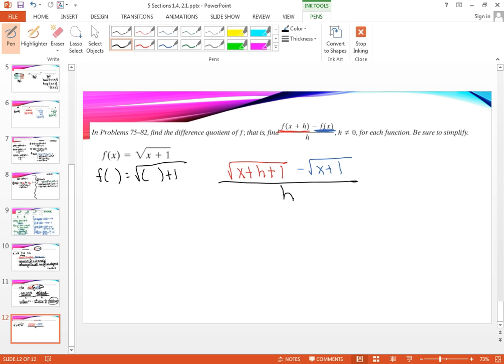So from what we've done, we've formed the difference quotient, but the problem is that h on the bottom cannot stay there. So where usually we rationalize denominators to get the radicals out of the denominator, we are going to rationalize the numerator so that the baby h will not stay down on the bottom by itself.